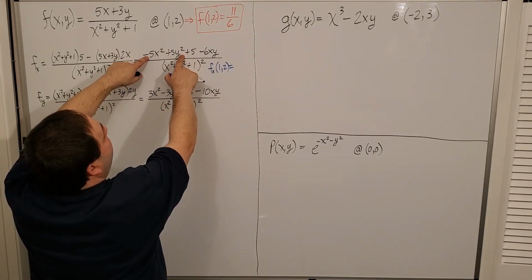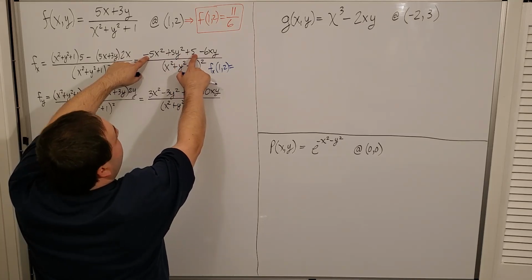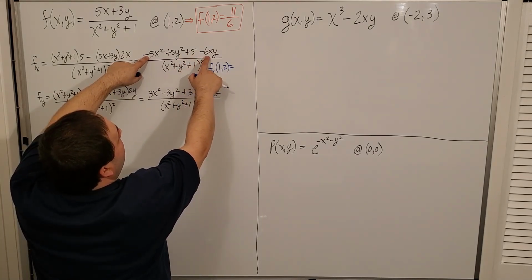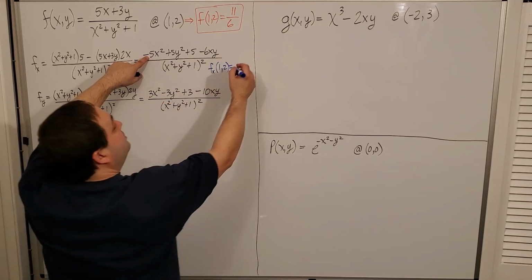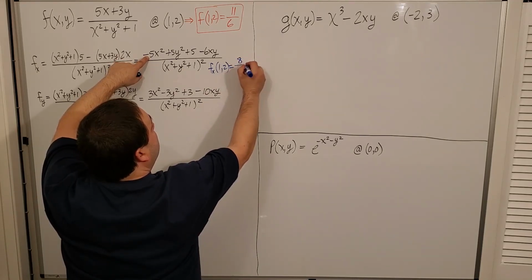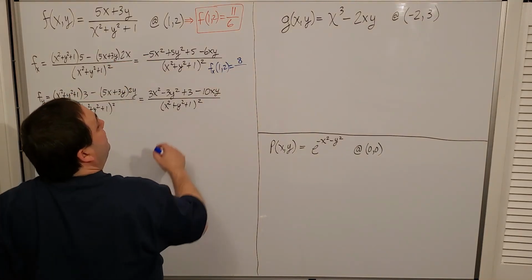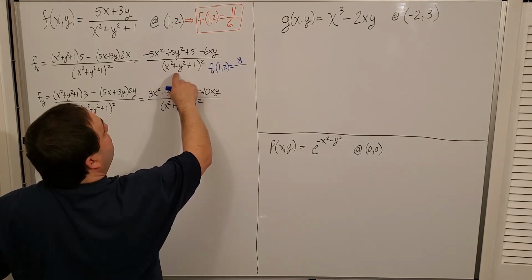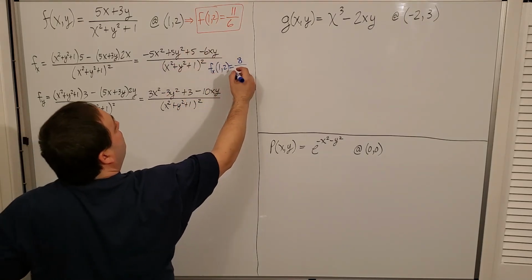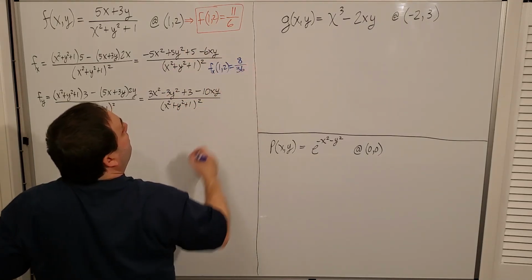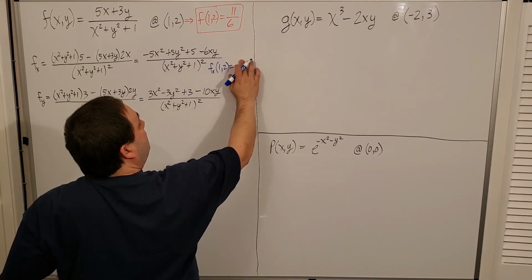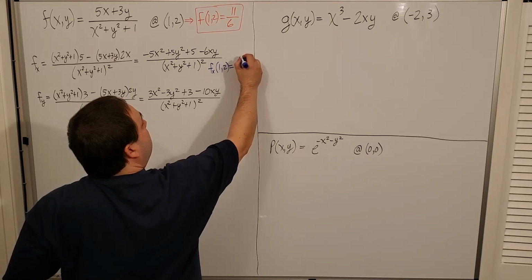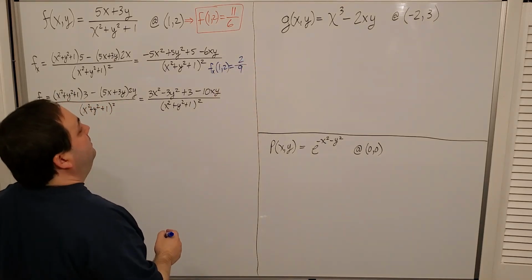So that's 15. Well, plus 5 is back to 20 again. And then -6 times 1 times 2. So -12. 20 minus 12 is 8. And then, of course, my denominator is just going to end up being the square of that one. We'll have over 36. 8 over 36 I can reduce to 2/9.